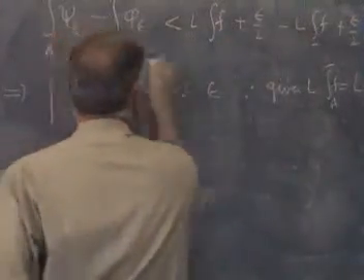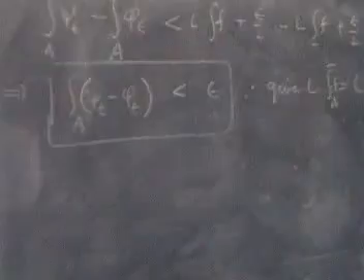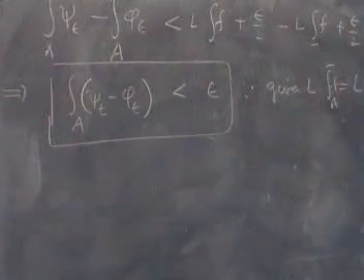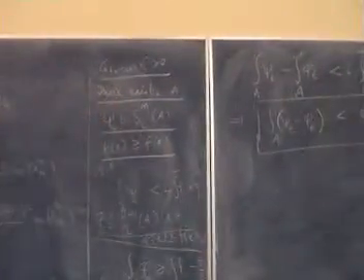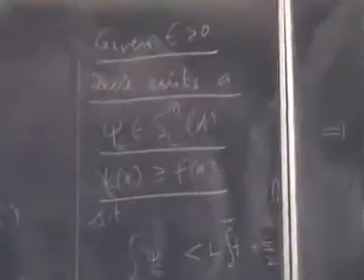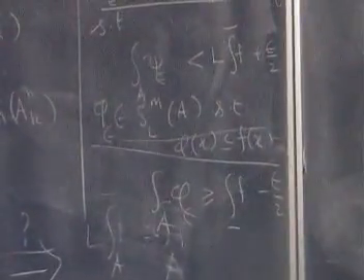So we have got this. What is the conclusion? Given an epsilon positive, there exists a psi and a phi satisfying these things: phi below f, psi above f, such that the integral of the difference is smaller than epsilon.